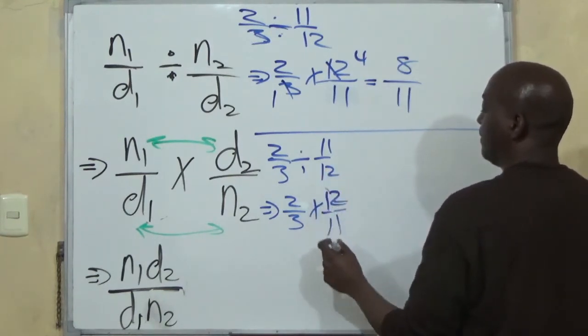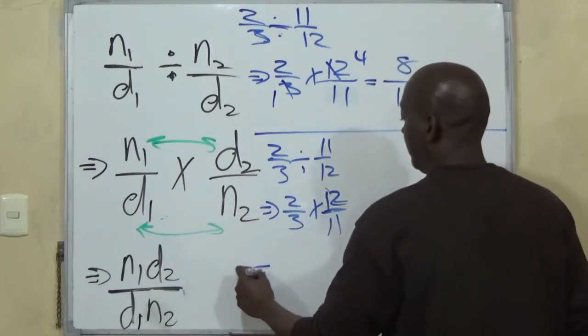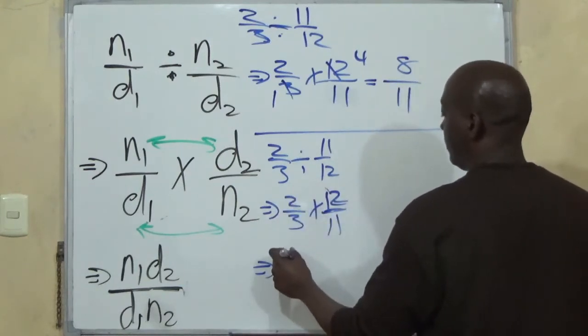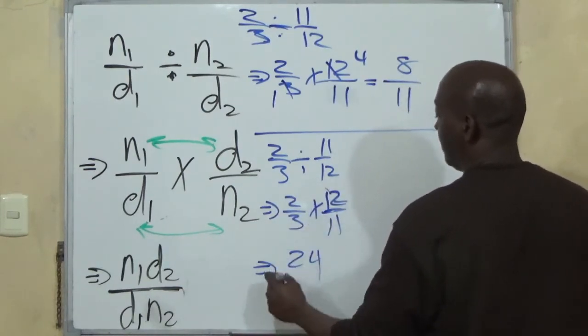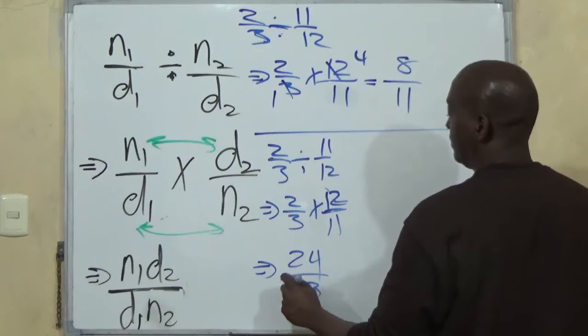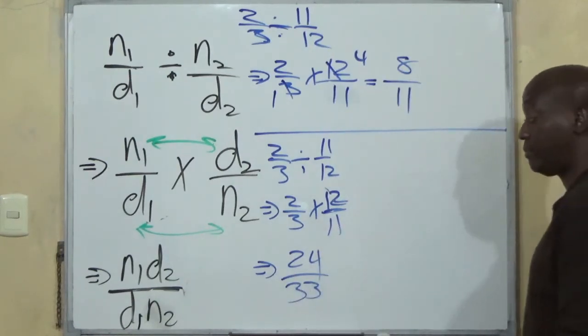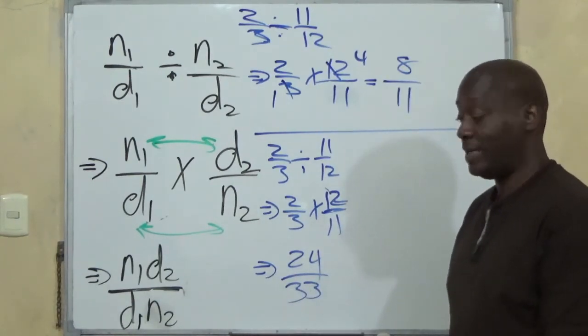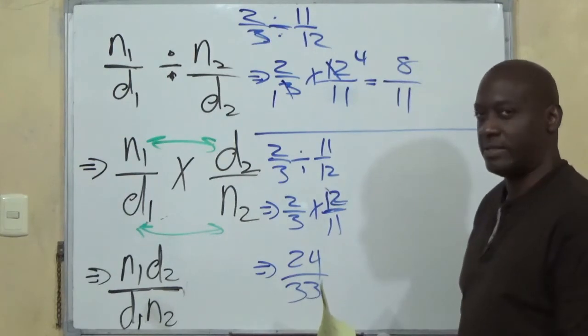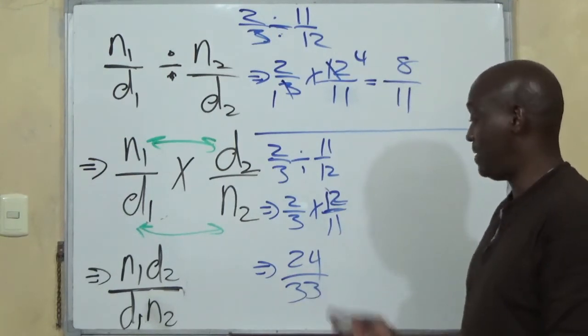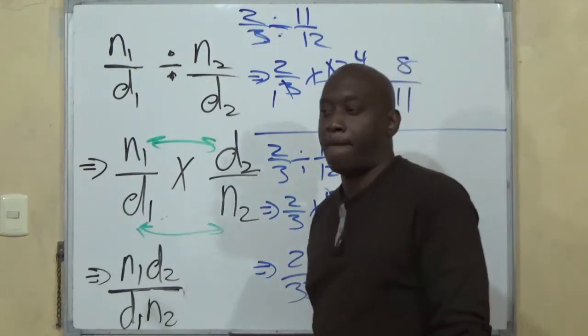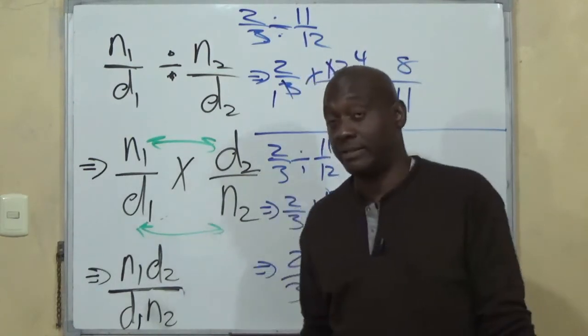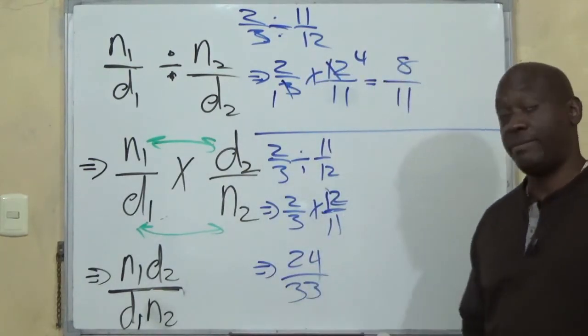And let me multiply now. 2 by 12 is 24. 3 by 11 is 33. So this is not a common fraction. Most people who see 24 over 33 probably wouldn't recognize that you could divide the top and the bottom by 3.